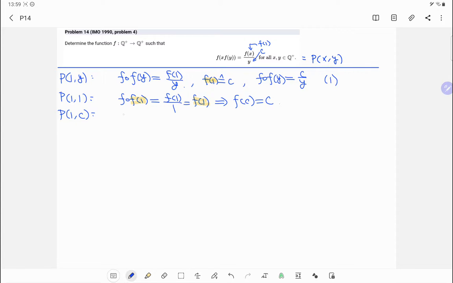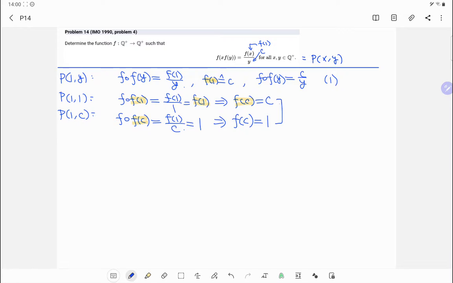Now we have f(c) equals f(1 over c), which is c over c, which is 1. So f(c) is 1.